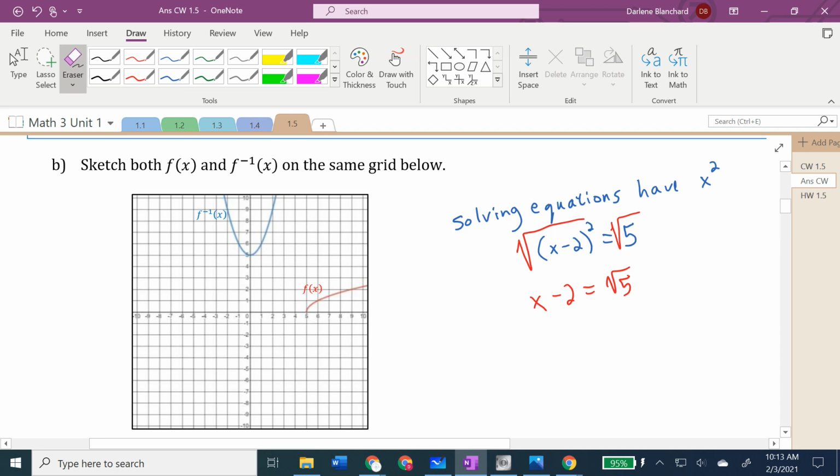You have to remember that if you have an x squared, when you square root, and only when you square root, you have to put a plus or minus sign on that, or you will lose one of your solutions.